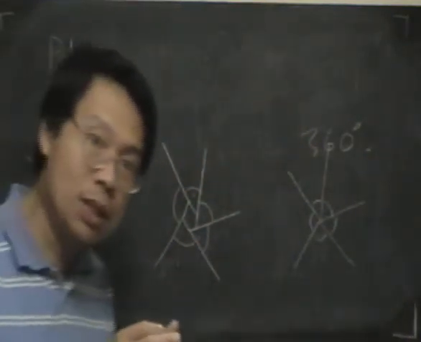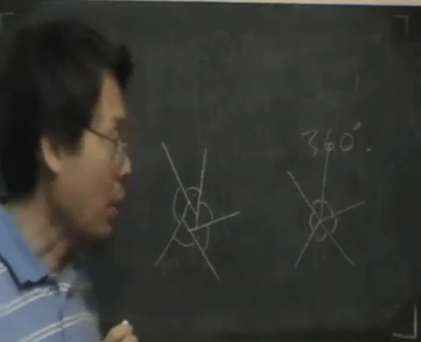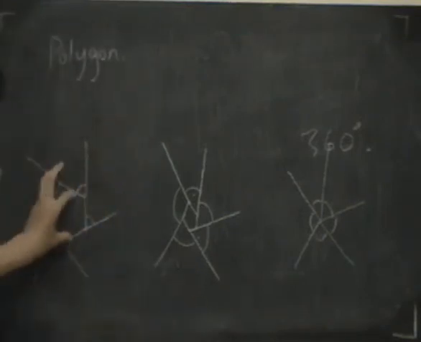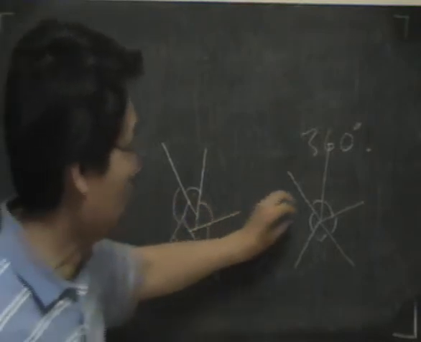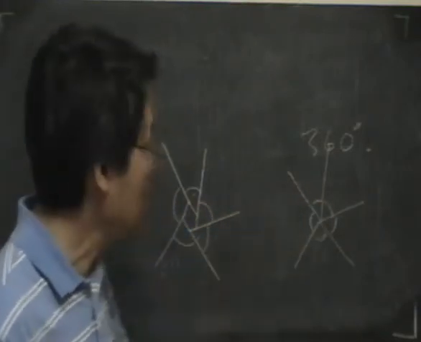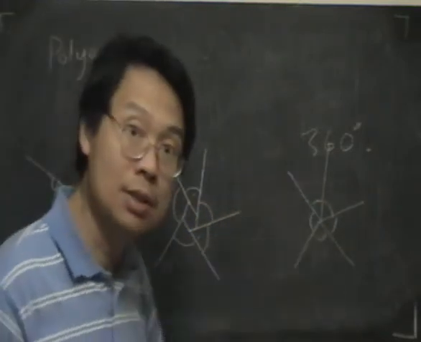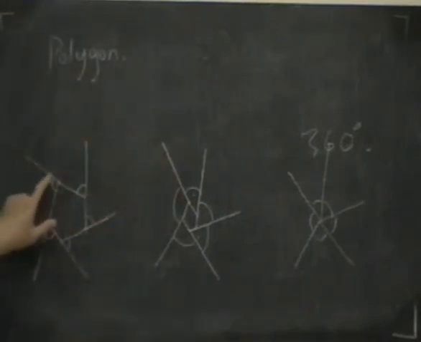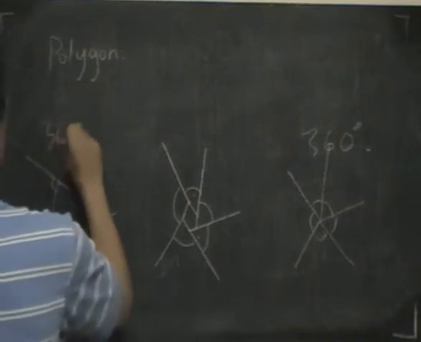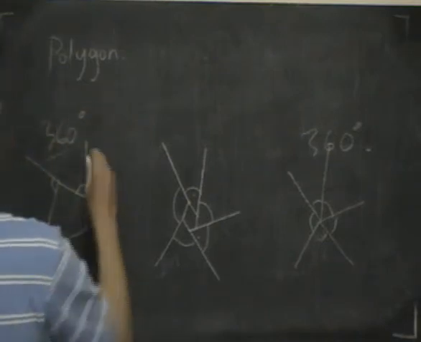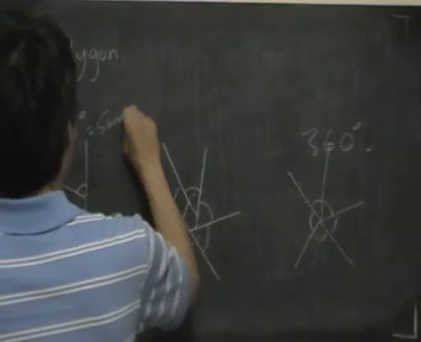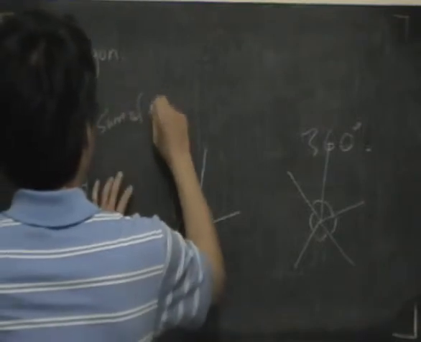So with this simple idea, that we can simply shrink the polygon until it becomes a point, we find the answer. We find that the sum of all these exterior angles is actually 360 degrees.